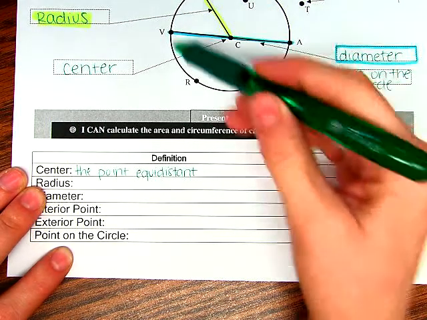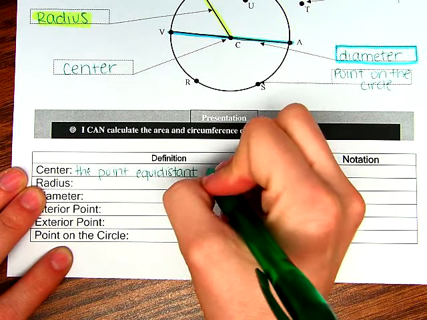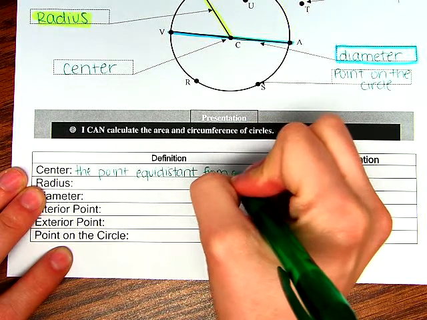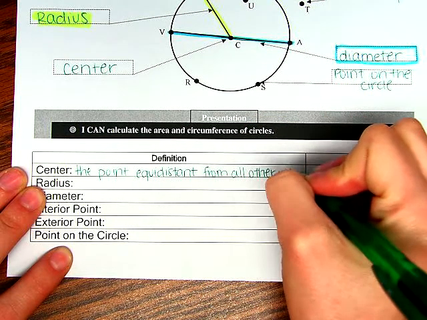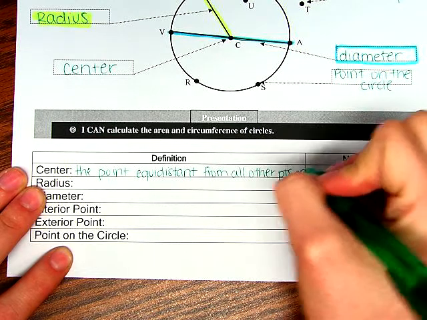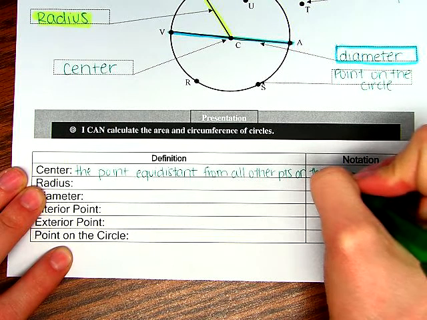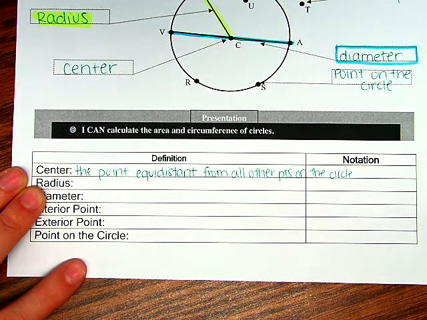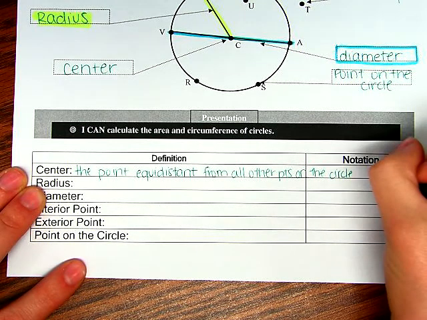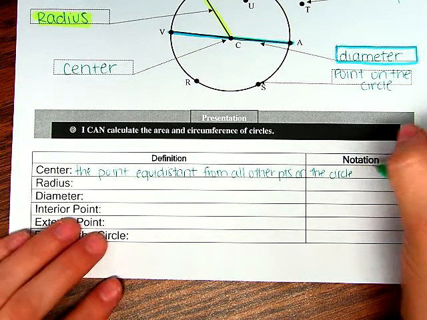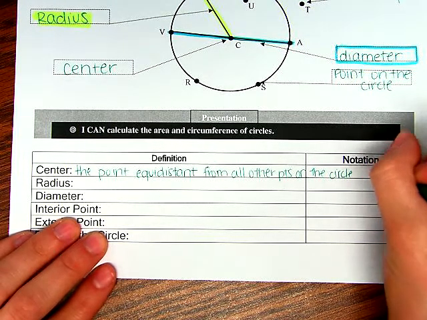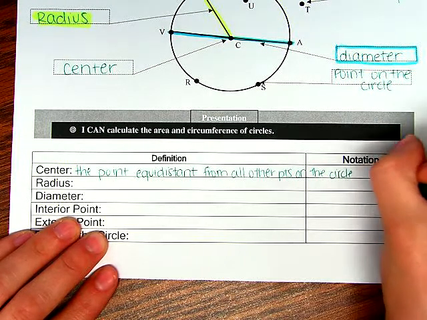So on the edge, all other points. The notation is you use the center to name the circle. So it is circle C in this case.